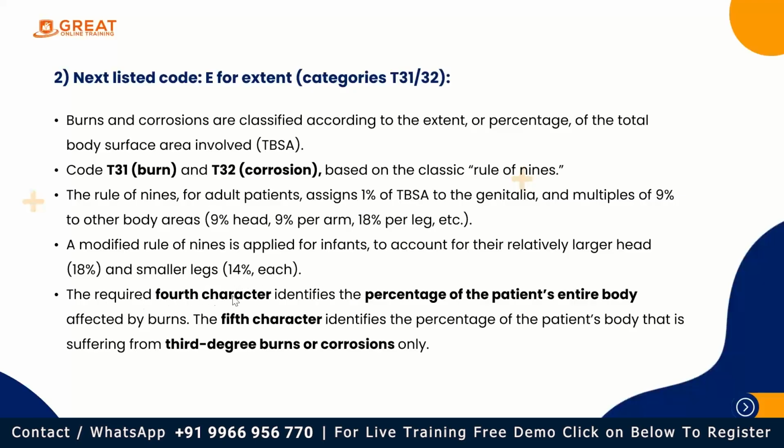The required fourth character identifies the percentage of the patient's entire body affected by the burn. The fifth character identifies the percentage of the patient's body that is suffering from third degree burn or corrosions only. So the fifth character represents third degree burn or corrosion.